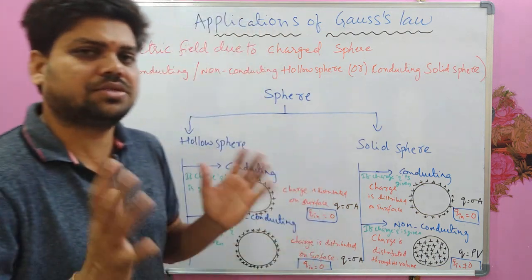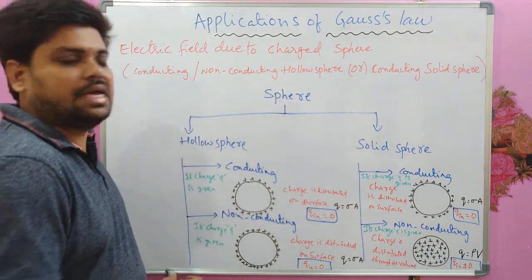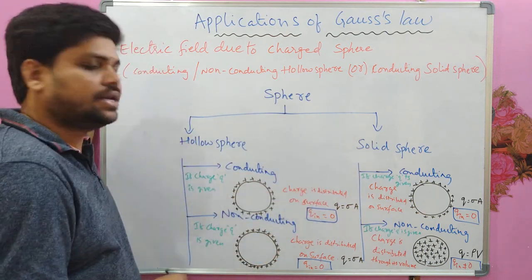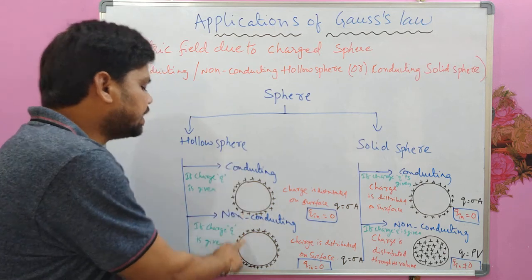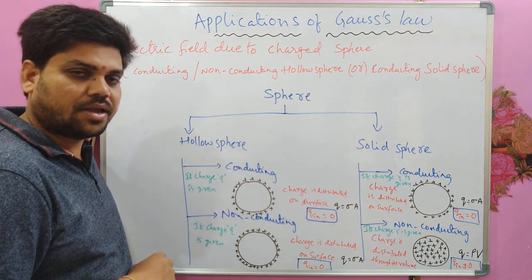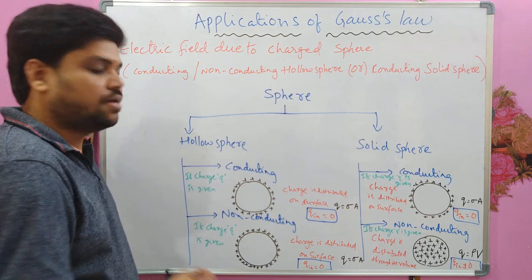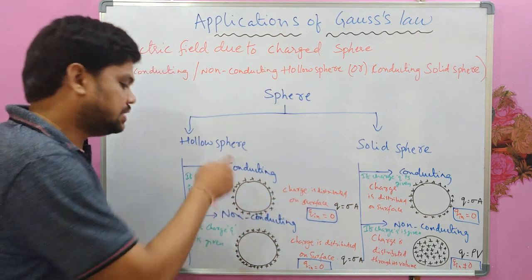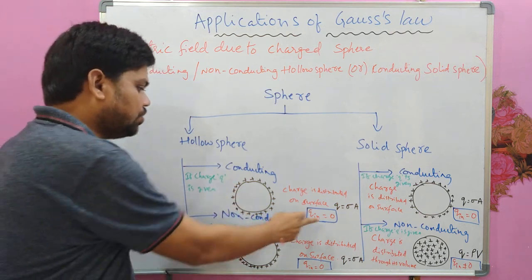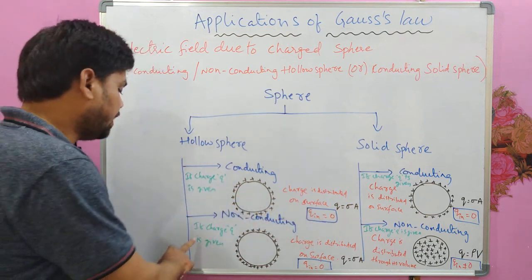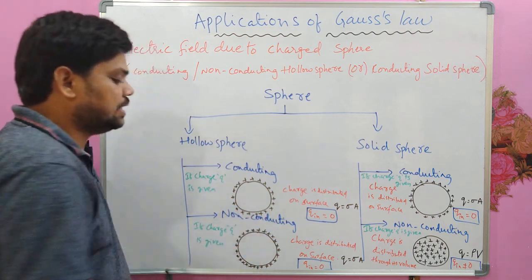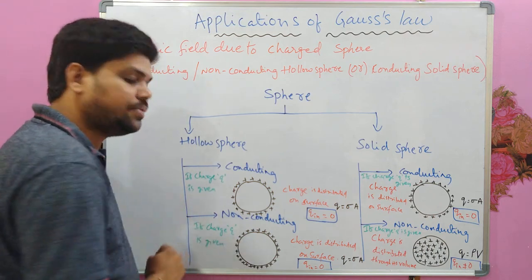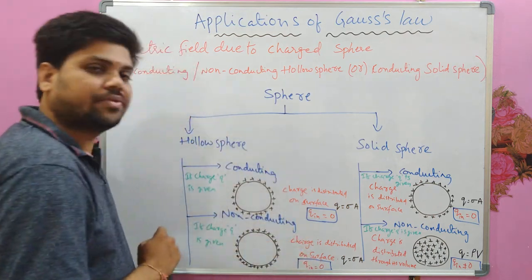These are the things you have to remember regarding spheres. A sphere is of two types, hollow and solid. If a hollow sphere is taken, we can divide it into conducting and non-conducting hollow spheres. If you take a conducting hollow sphere, if charge Q is given, the charge is distributed on the surface because there is empty space inside and no charge inside. And if charge Q is given to a non-conducting hollow sphere, the charge is distributed on the surface because of empty space inside and there is no charge inside.